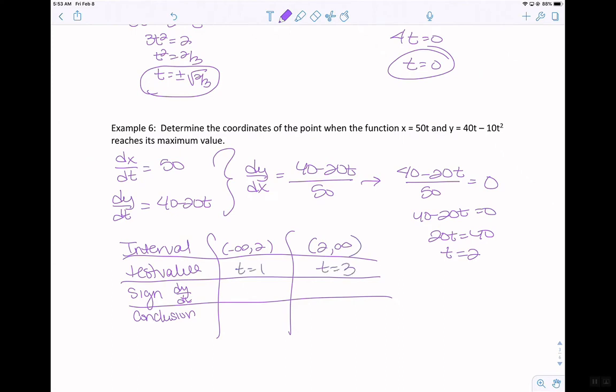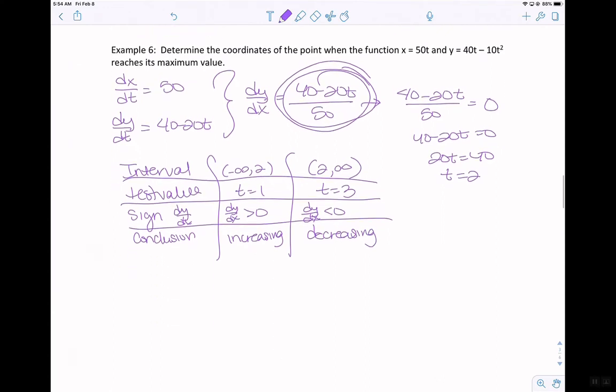And now I plug it into dy/dx. When I plug in 1, I get something bigger than 0. So dy/dx is bigger than 0. And when I plug in 3 into my derivative, I get less than 0. So this is increasing. This is decreasing. So because it goes from increasing to decreasing, we know that there's a maximum value there.